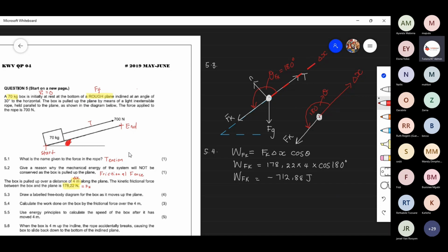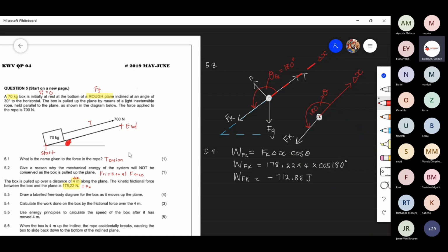But now when you're dealing with work, energy, and power, they can't give you the angle because theta has like 4 values in this one question. When you're talking about tension, theta has a value of 0 degrees. When you're talking about normal force, theta has a value of 90 degrees. When you're talking about frictional force, theta has a value of 180 degrees.